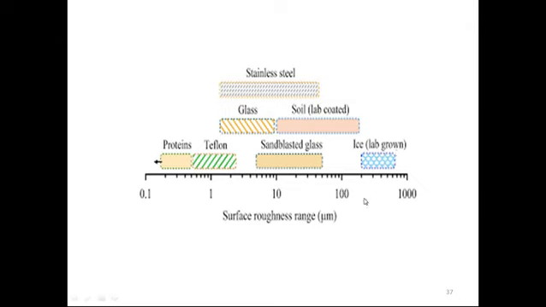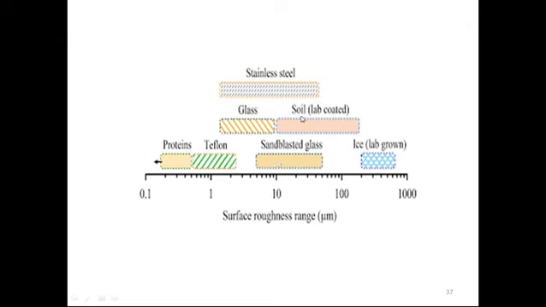One more thing, if you discuss glass, the Ra value will fall between 1 to 10 micrometer roughness value.